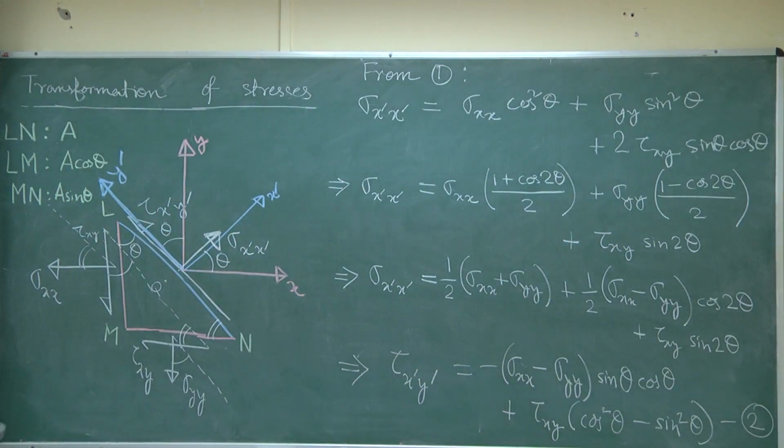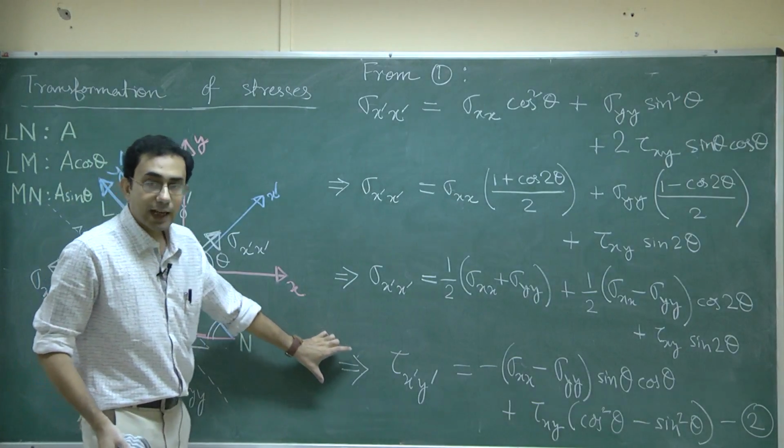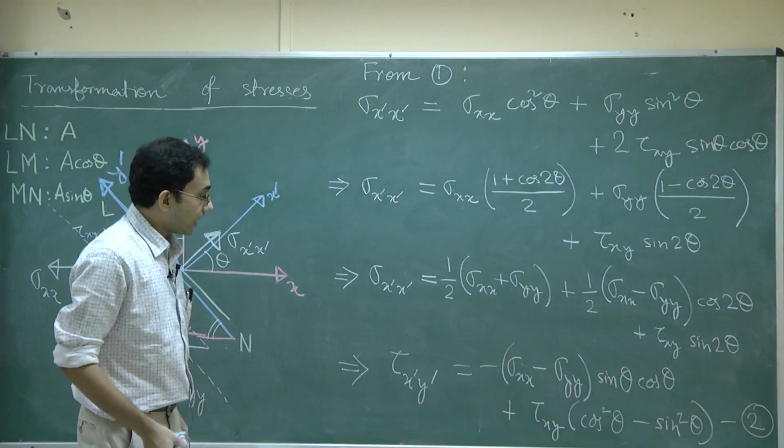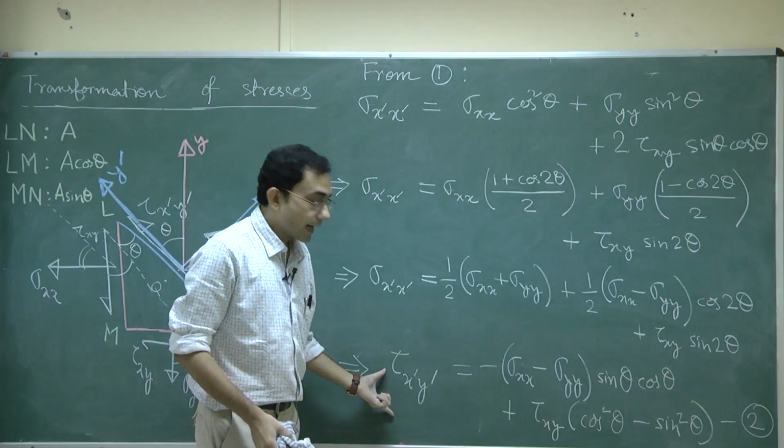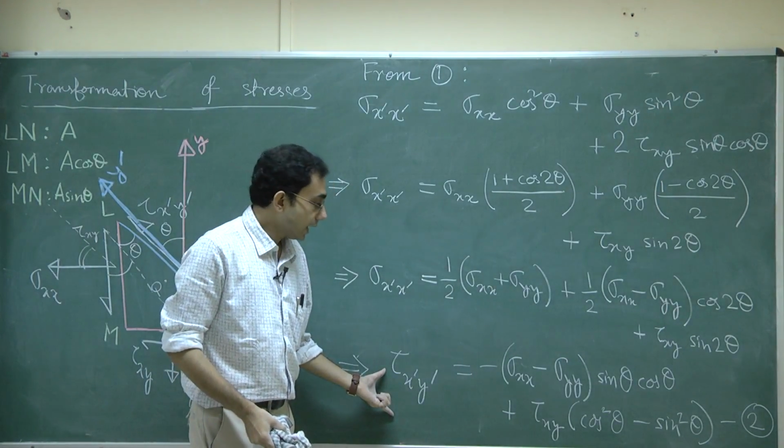Okay. Now, in the little portion that I have remaining left in this board, I want to utilize this equation number 2 to convert it directly in terms of sine 2 theta and cos 2 theta.